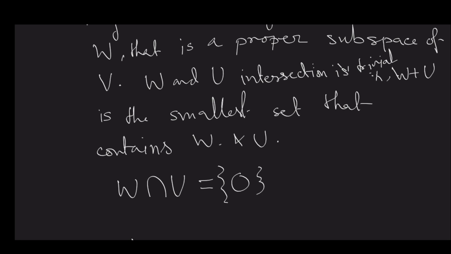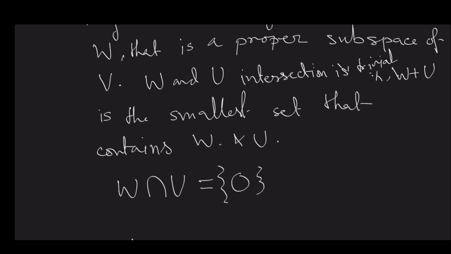as I have already mentioned, W and U are both subspaces of V, and you must understand that a subspace is a vector space by virtue of its own composition.